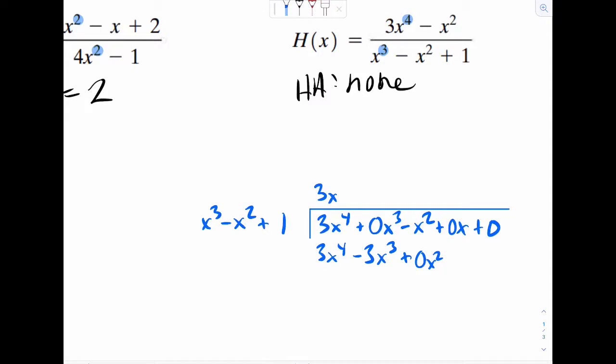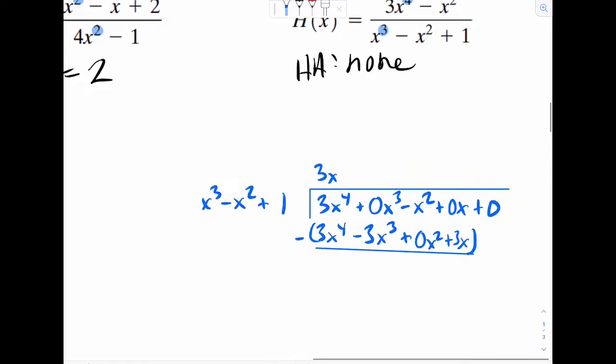And then this would be 3x. And we subtract the quantity, and we get 3x cubed, this would be minus x squared and then minus 3x. Now we're going to complete it.